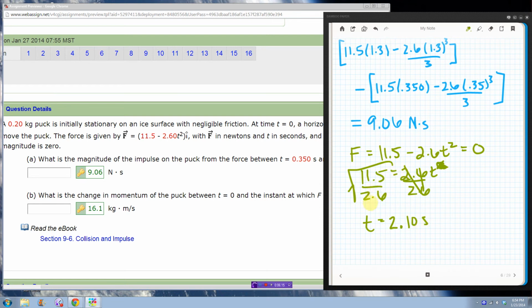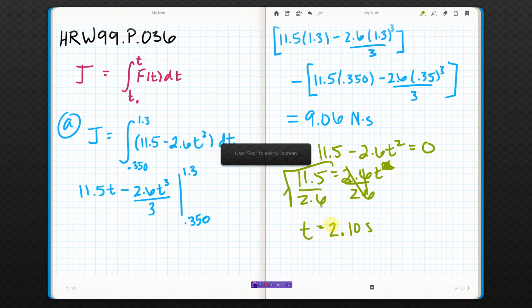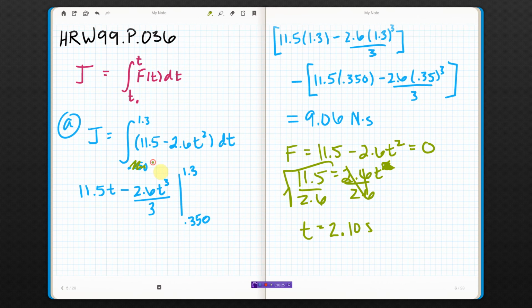It's exactly the same integral as before; the bottom limit becomes 0 and the top becomes 2.1. The evaluated integral is the same, I just need to replace these numbers. I'm going to do that on the next page.